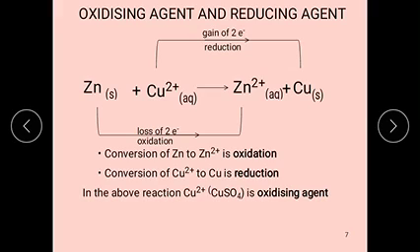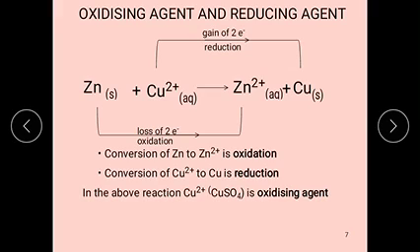Next, reduction: the process of gaining electrons, or decreasing the oxidation state of an element in a molecule, ion or atom, is called a reduction reaction.